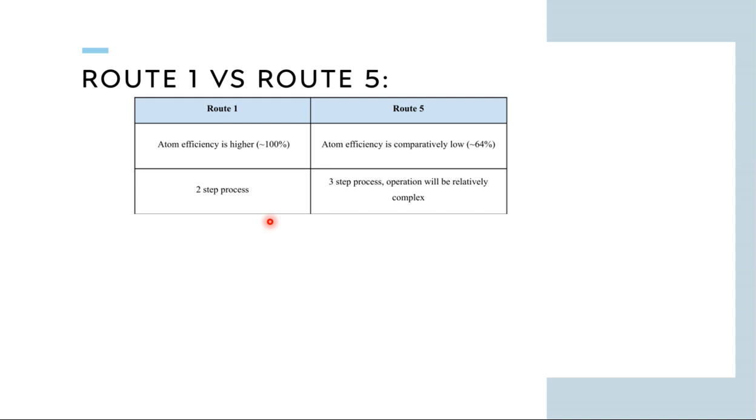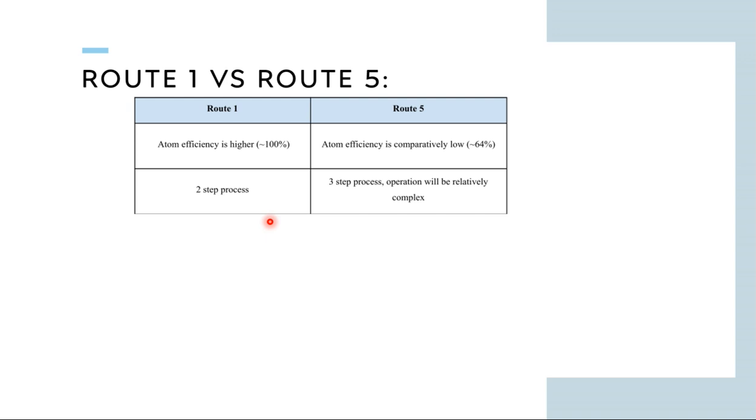But when there is a multiple-step process, what will happen? You might have separation after each reactor. You need to control the reaction parameters in each reactor, and by chance if one mistake happens, or the conversion drops, or the selectivity drops for some reason, then the whole downstream process will not give you the desired result. So handling will become more difficult.